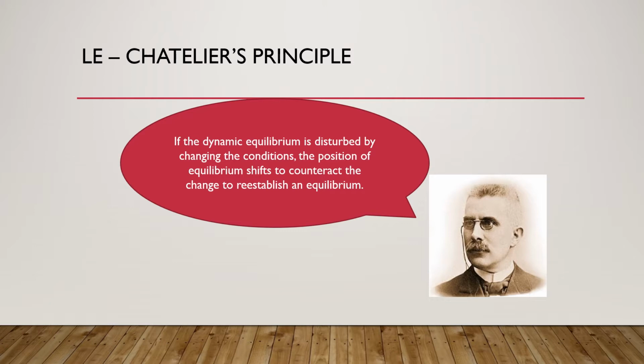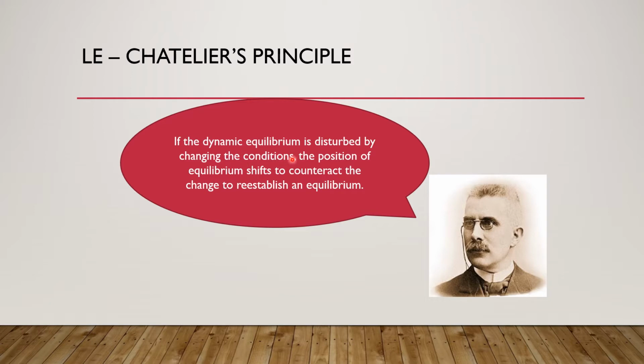What is dynamic equilibrium? Dynamic equilibrium is nothing but the rate of the forward reaction and the rate of the reverse reaction being the same. So this principle states that if the dynamic equilibrium is disturbed by changing conditions, what are those conditions?